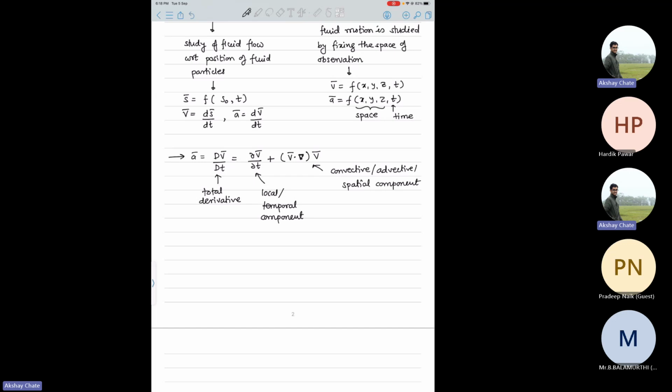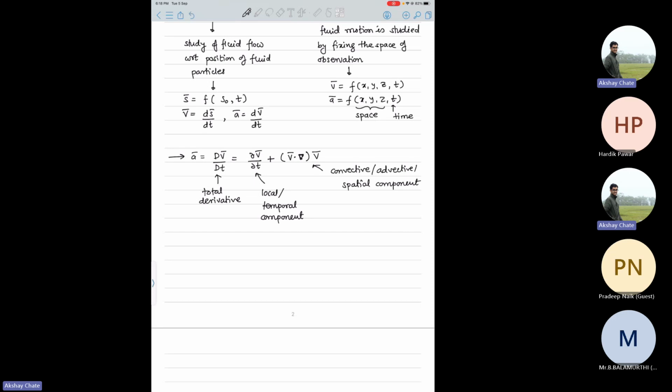and if the flow is steady, this del V by del t term goes to 0. When I say uniform, that means the flow is independent of the space through which it is observed, or the spatial coordinates. It is not a function of x, y, z basically. Then the convective or spatial component of the acceleration will go to 0.